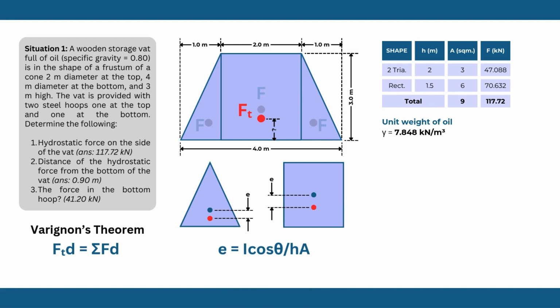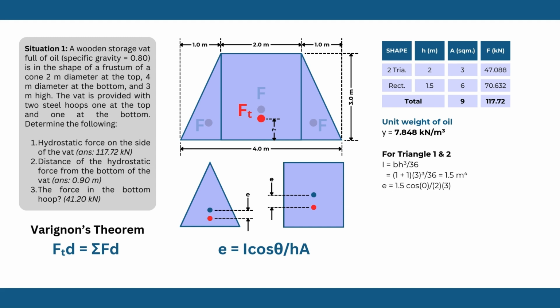Solving for the moment of inertia ng triangles 1 and 2 combined, gamitin lang natin yung formula na base times height cubed over 36 and we'll get a measure of 1.5 meters raised to 4. Now that we have that, salpak na natin siya sa eccentricity formula natin.